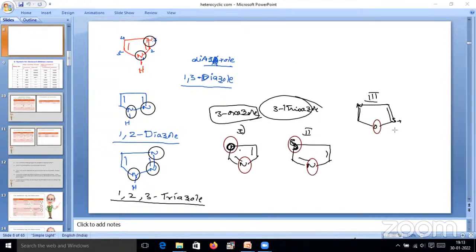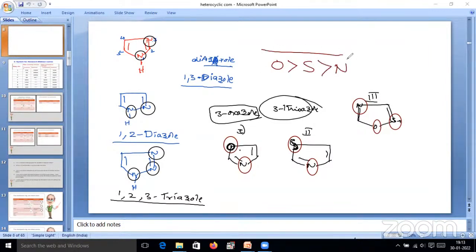Okay, for similar heteroatoms we can mention di, tri, tetra before the prefix. In case of different heteroatoms, first priority is given to oxygen, then sulfur, then nitrogen.